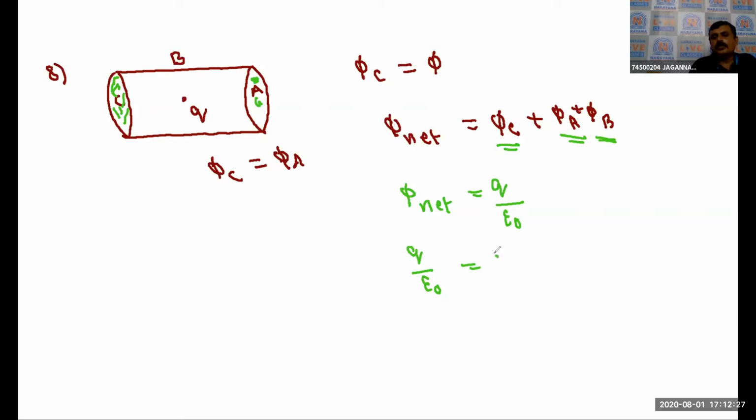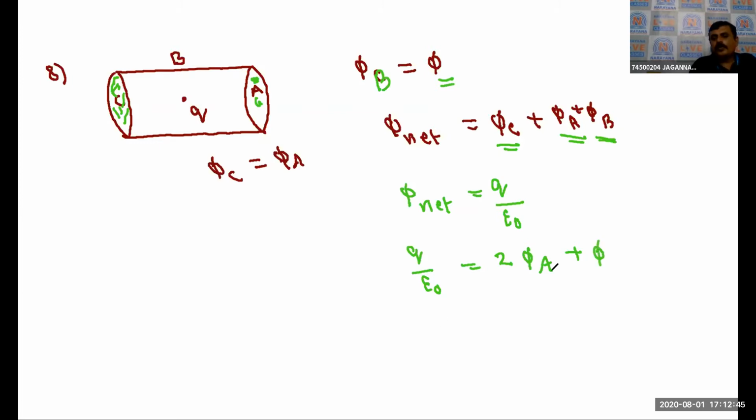So I will take 2 into phi A plus the electric flux due to the curved surface. How much is given? The electric flux due to the curved surface he named as B, no? So this is phi.